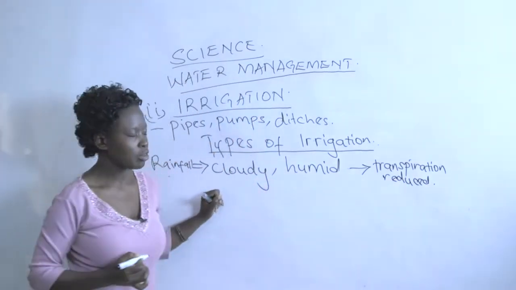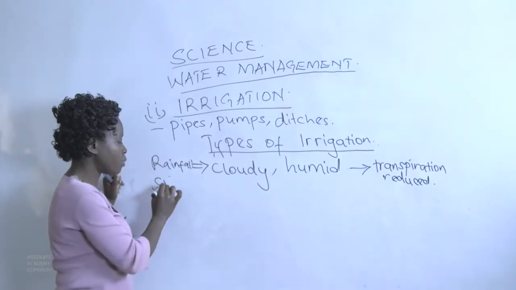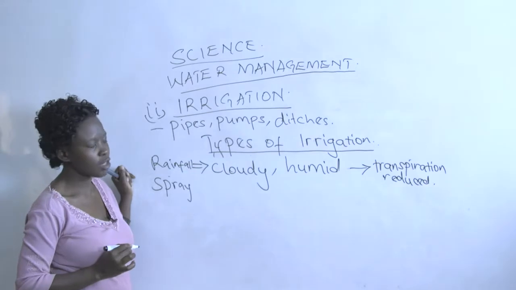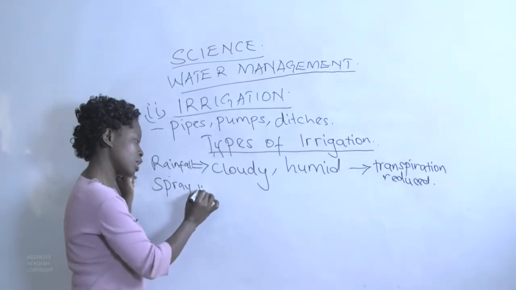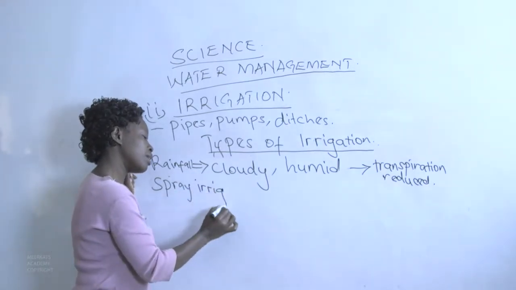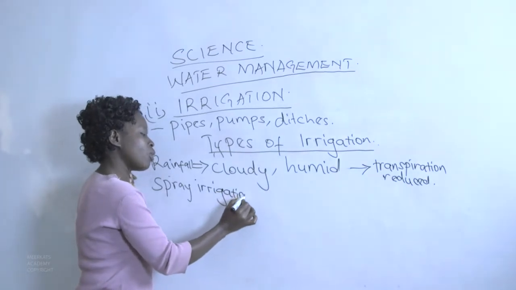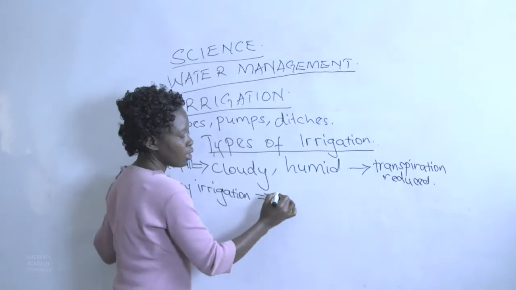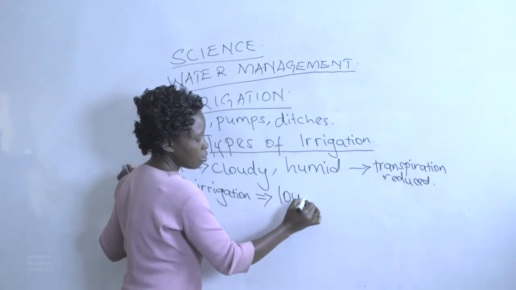But what is happening to spray irrigation? Spray irrigation is taking place when we do not have enough water in the soil. So spray irrigation is taking place when there are no clouds and at the same time the humidity is low.